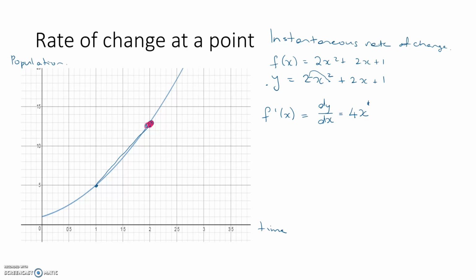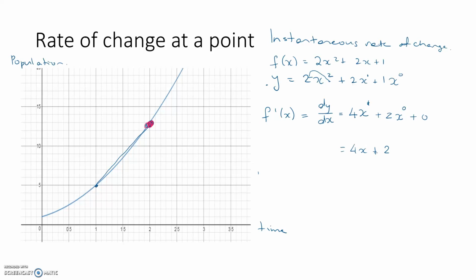Then the next one, take the power, which is 1, multiply it by the coefficient, that's 2, and then take 1 away from the power, so it would be 0. This is x to the power of 0, so 0 times 1 is 0. Just tidy that up a little bit, that becomes 4x plus 2, since x to the power of 0 is 1. This rule gives us the rate of change anywhere, or in fact everywhere.